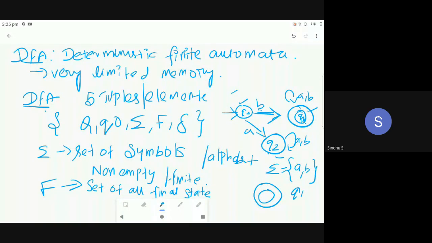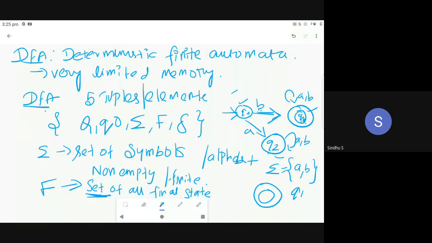So I'm just underlining the words set of all. Set of all, in the sense that sometimes more than one final state is allowed in a DFA. We will see some examples of when more than one state will be required, don't worry.